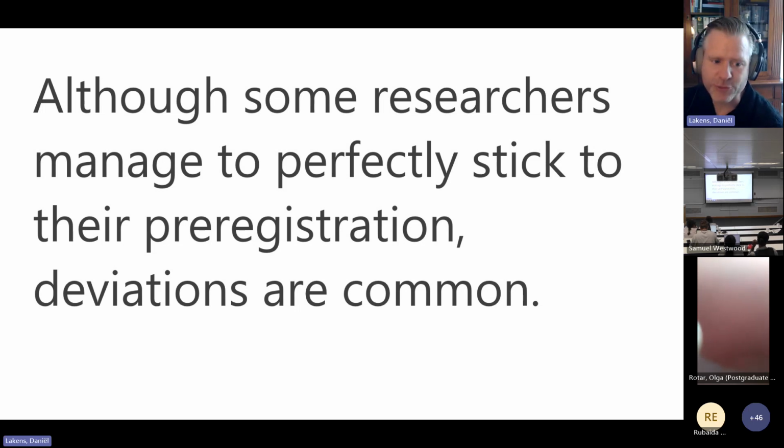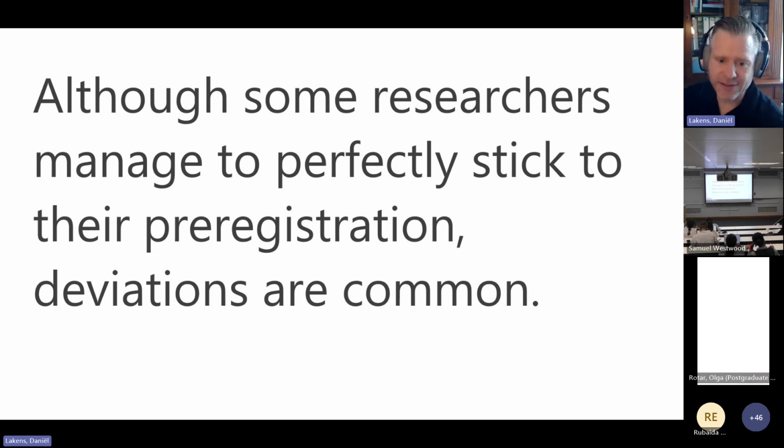So it's possible to do this. However, deviations are also quite common, very common, I would say, and especially if you have less experience in pre-registration or less experience in the study you're doing, then it's even more common to see deviations.